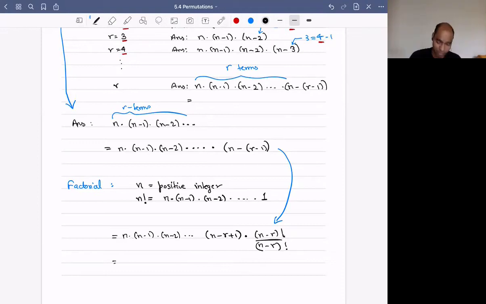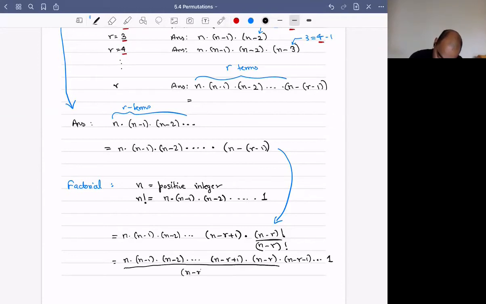Just a trick. There is no justification. And now I'll expand the n minus R factorial in the numerator. So you get n times n minus 1 times n minus 2, and so on. And the denominator, I'll keep it as it is. And now if you look at what has happened in the numerator, now it's just the product of all the terms from n all the way down to 1. And so that is just n factorial over n minus R factorial. And that is my answer.